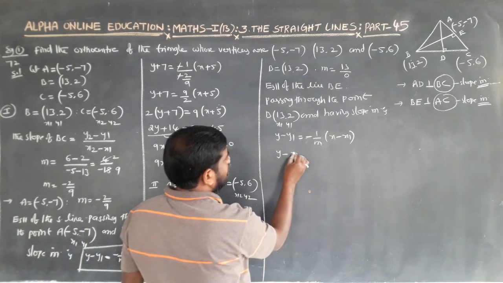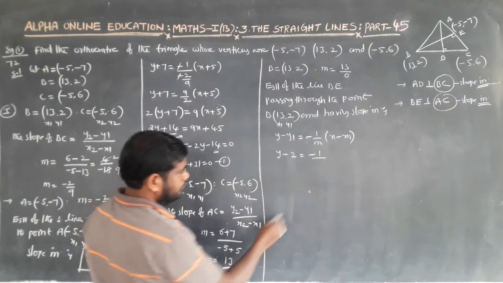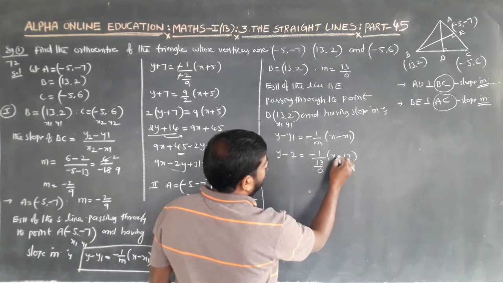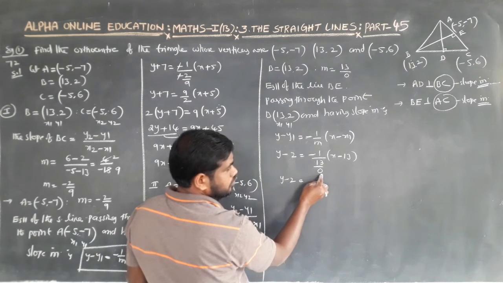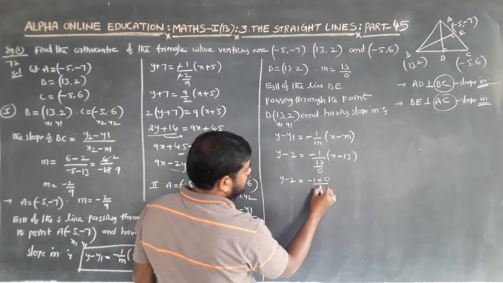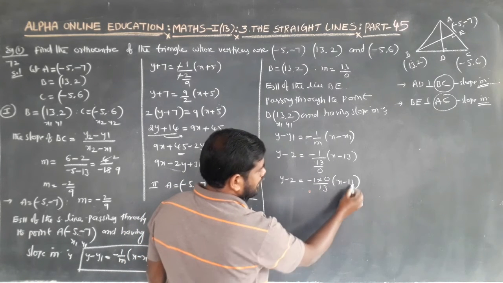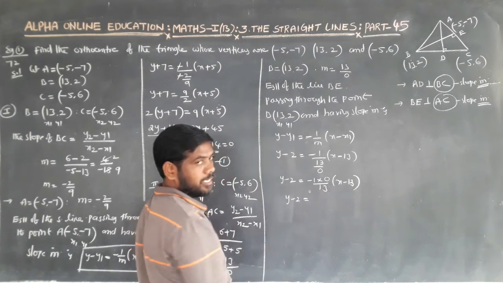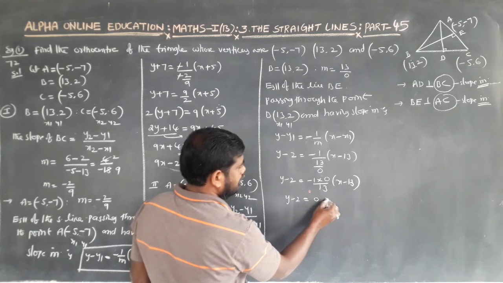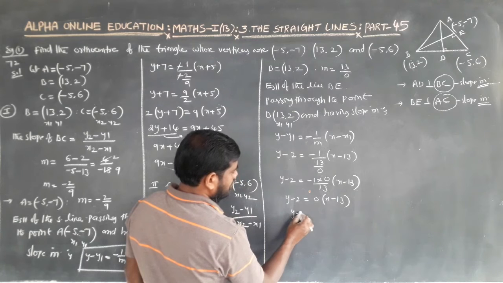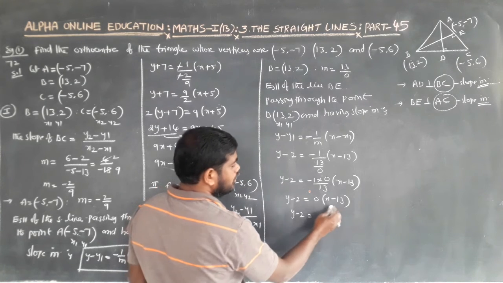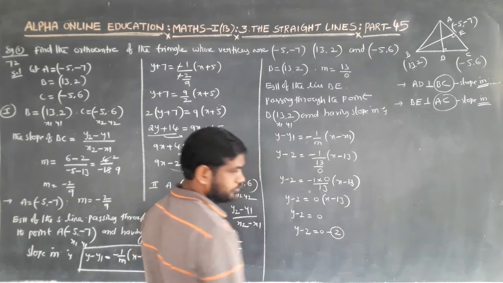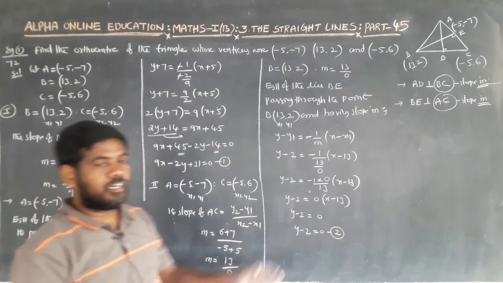So y minus 2 equals minus 1 into 0 by 13, into (x minus 13), which is 0. So y minus 2 is equal to 0. This is the equation of BE.